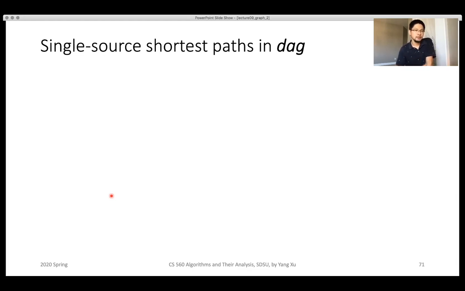We'll look at what different algorithms can be used to find the shortest path on this special kind of graph, and whether a different method can give improved running time. As we know, the Bellman-Ford algorithm is not very efficient because its running time is big O of V times E, which you can think of as almost a quadratic running time procedure. So now let's look at single source shortest path on a DAG first.